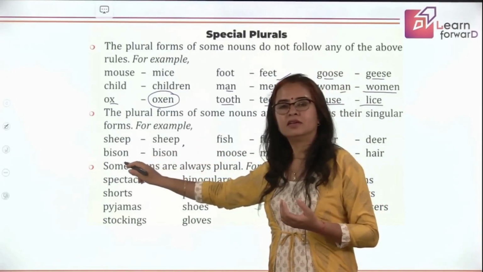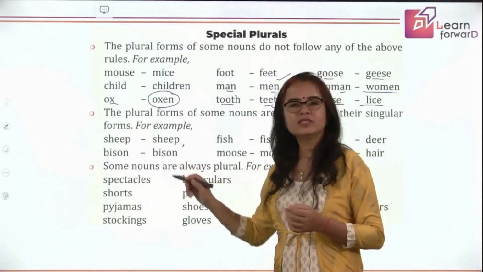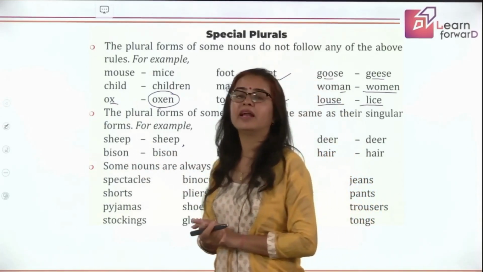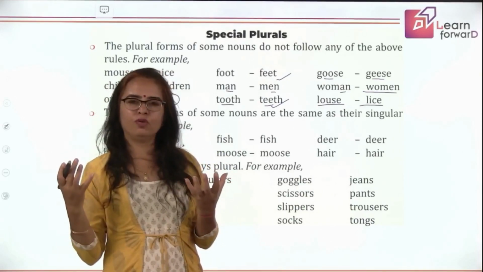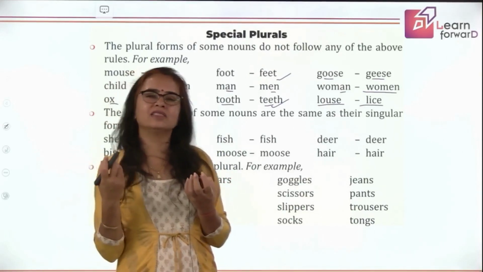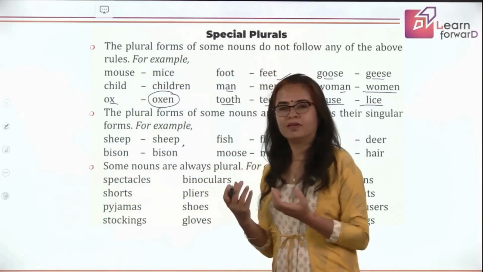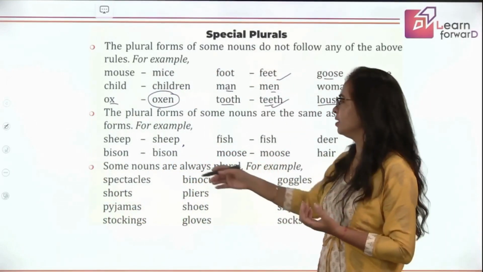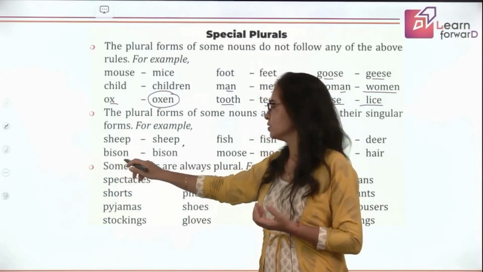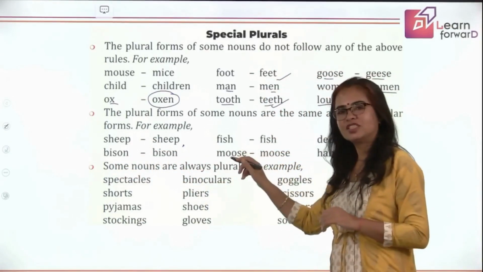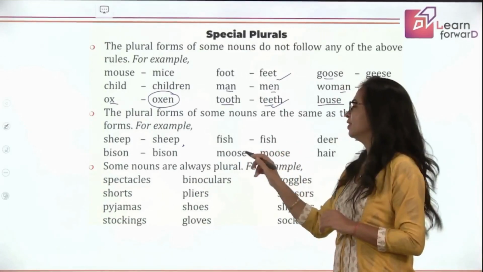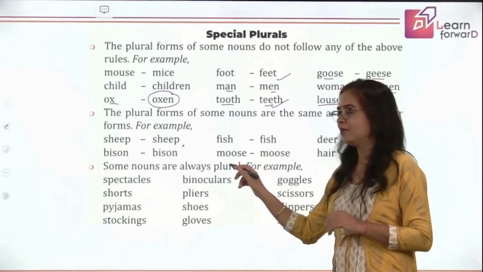Bison. What is a bison? Do you know? That is also an animal. More like a buffalo, and that is a species of cow also. So it's like a combination, a mixture. So it is a bison. Plural also is bison. Fish, fish. Moose is again an animal.